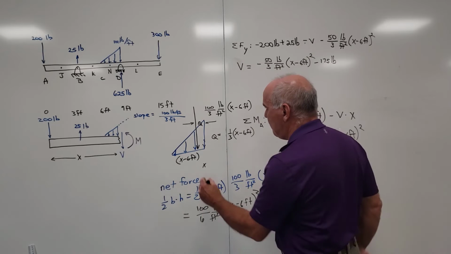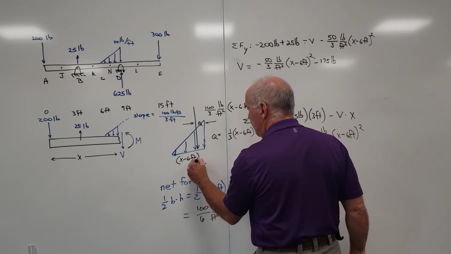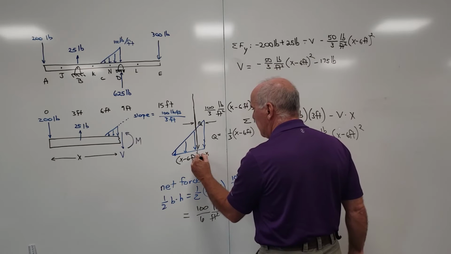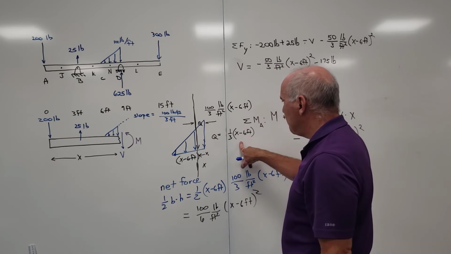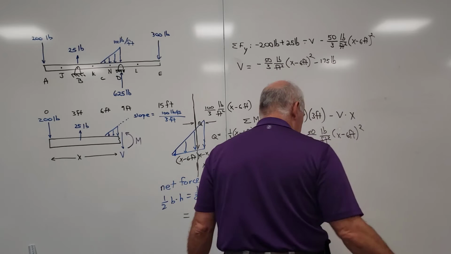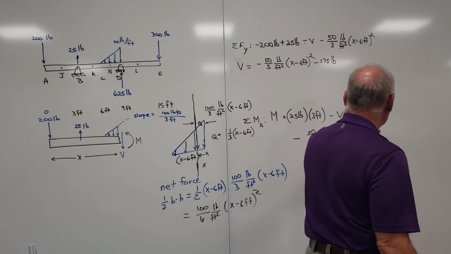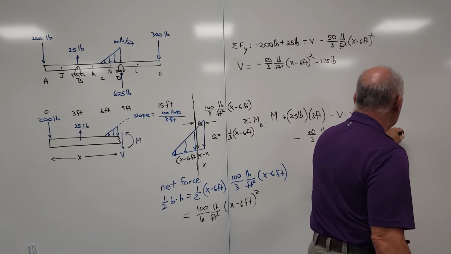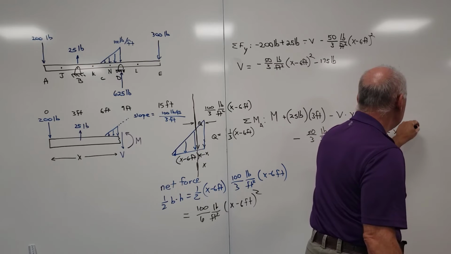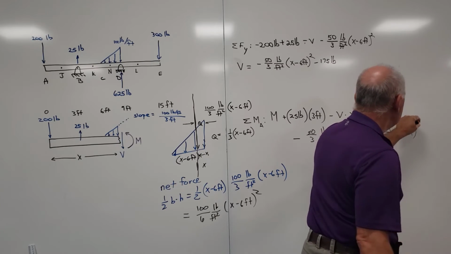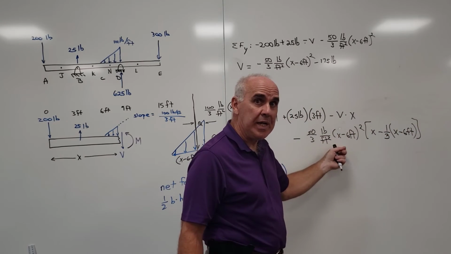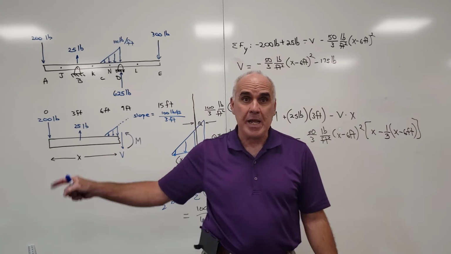So this position right here is x come back 1/3 of x minus 6 feet. That is the distance this force is applied from A.